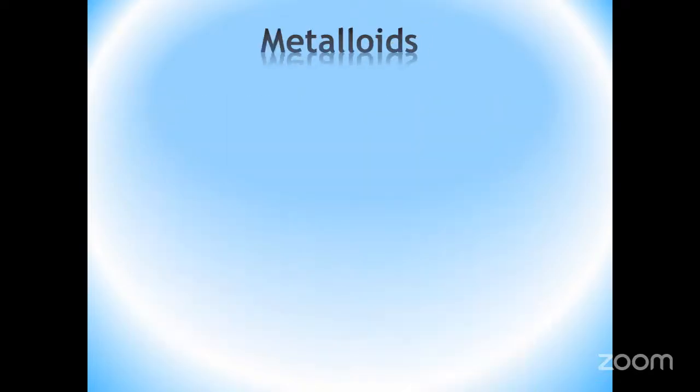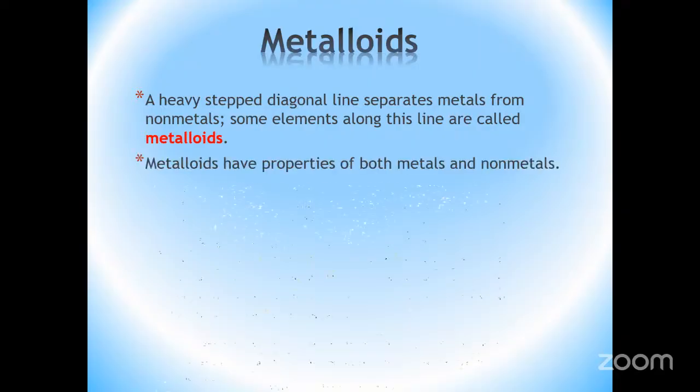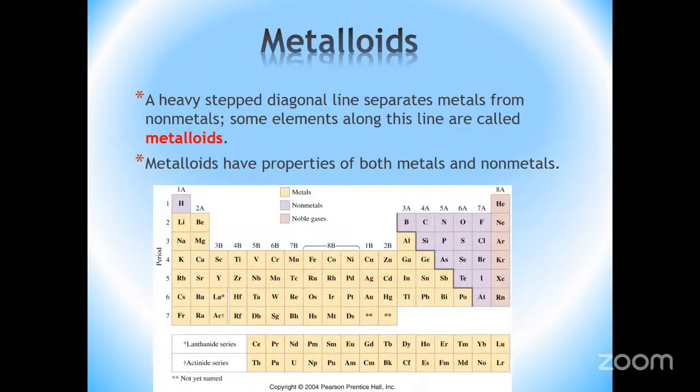Then we have a minority group of elements known as metalloids. Metalloids are elements that have some characteristics in common with metals and other characteristics in common with nonmetals. Those elements are located on either side of this stepwise line. Most periodic tables have this stepwise line, which represents the line of demarcation between the metals on the left and non-metals on the right.